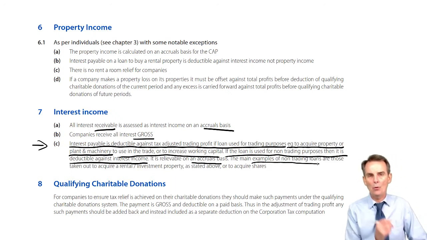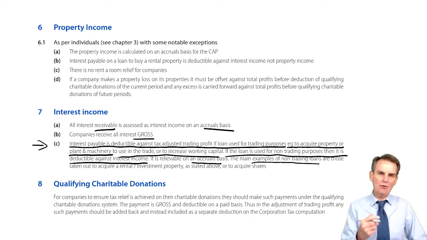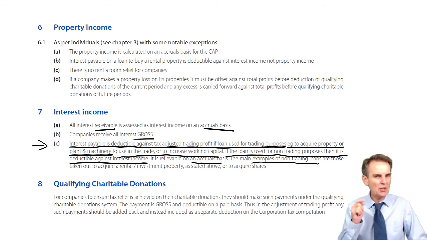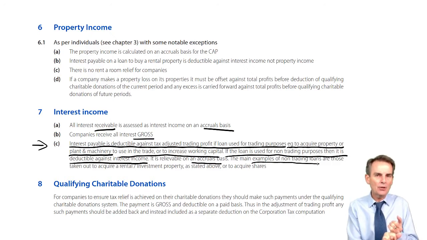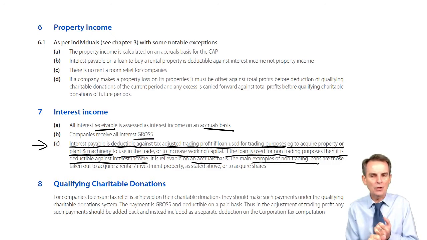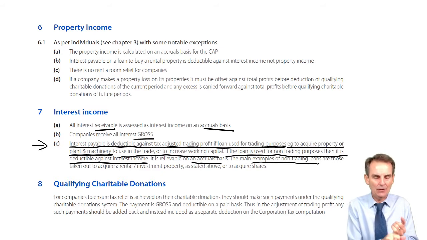Well, if we have borrowed money to buy a rental property, then the interest payable on that loan is not a trading loan, so it's not allowable against trading income. So in your adjustment of trading profit, you would need to add it back if it had been deducted in deriving the accounting figure of trading profit. Have to be added back. It's not a trading item.